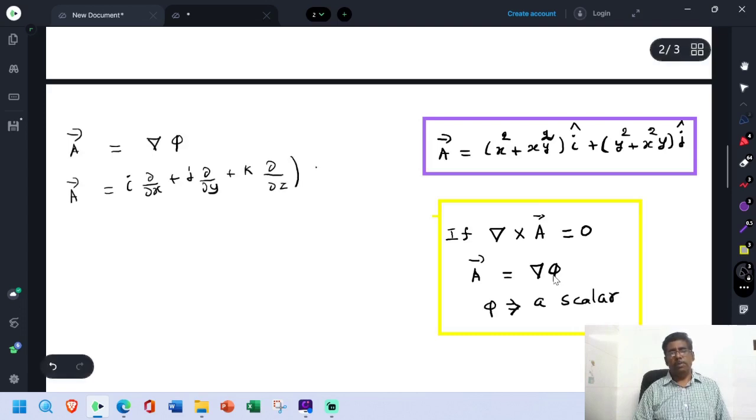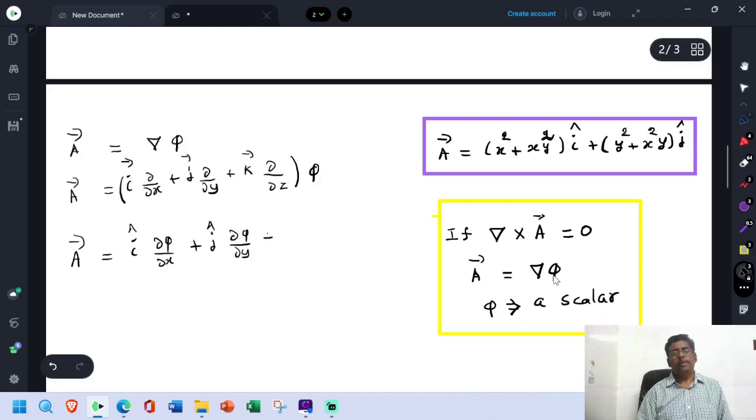This is allowed to operate on pi. This is grad pi, the gradient operator into pi. Vector A should equal i into dou pi by dou x plus j into dou pi by dou y plus k into dou pi by dou z.